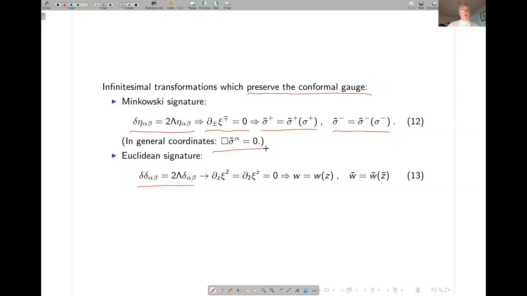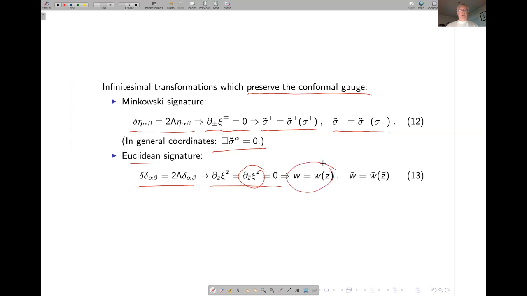In Euclidean signature, it is similar. What you get is that the vector field with the upper index z is not dependent on the variable z bar. So in other words, the component psi upper z of the vector field is a holomorphic function. Or in other words, our coordinate transformations are holomorphic.